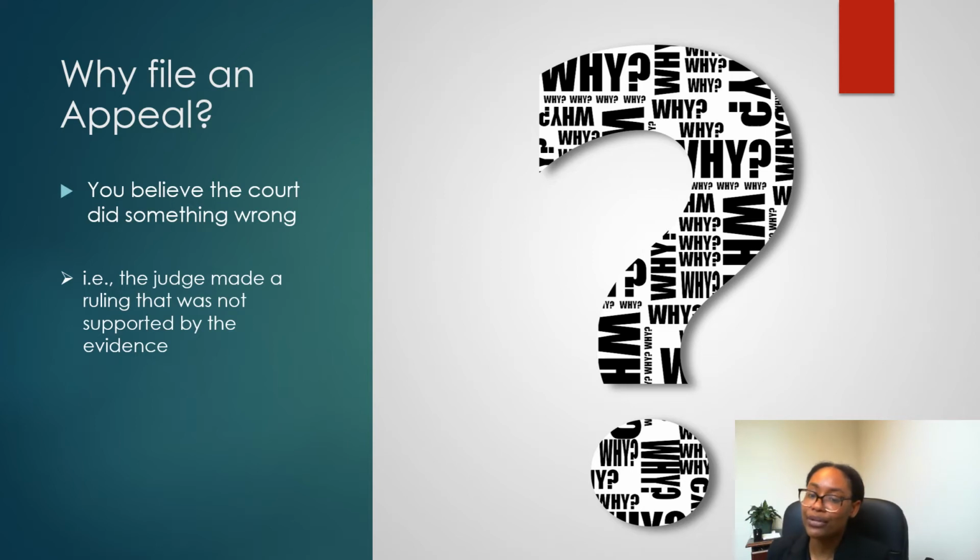An example would be that the judge made a ruling that was not supported by the evidence. Maybe the landlord made a claim against you and did not have evidence to support that claim, but still the Magistrate Court ruled in the landlord's favor with no evidence to support that decision.